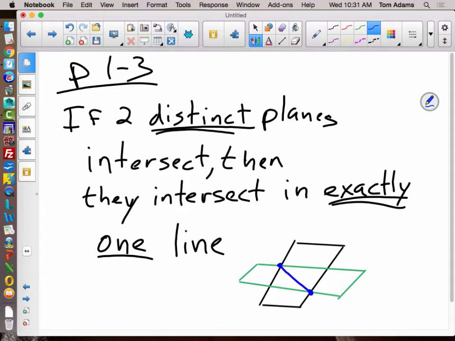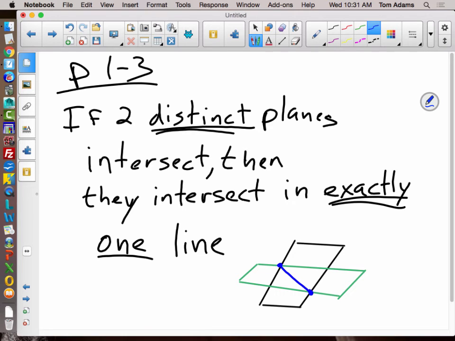Another great example is look at your ceiling and look at the wall. Turn around, look at that back wall. Those are two planes. The back wall is a plane and the ceiling is a plane, and where the two intersect, what do you see? A line. Does that make it a little more understandable? Yeah, this is a horrible drawing, but this is the best I can do.